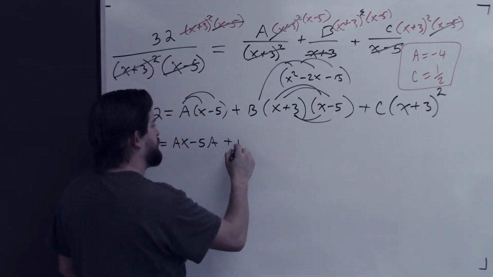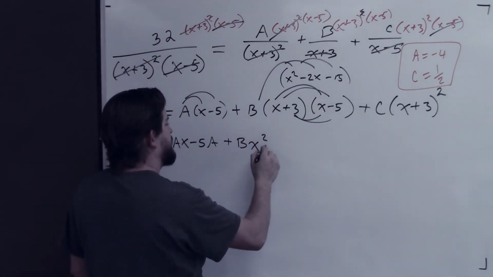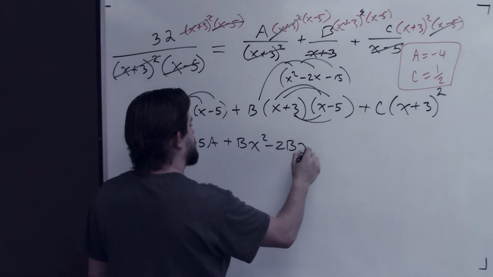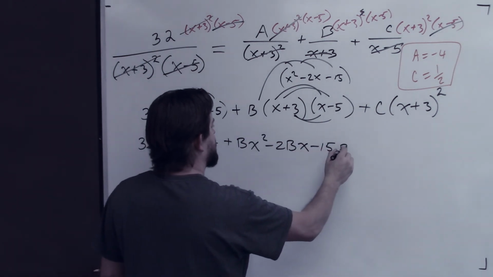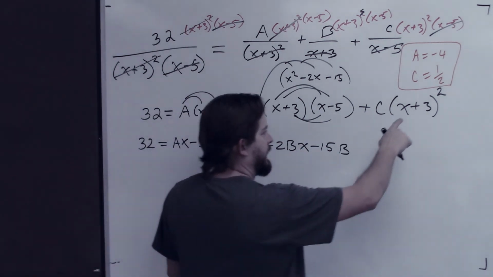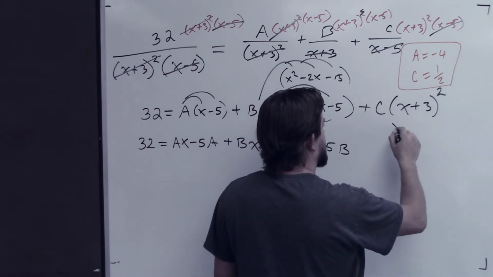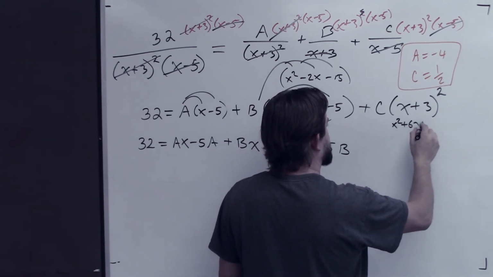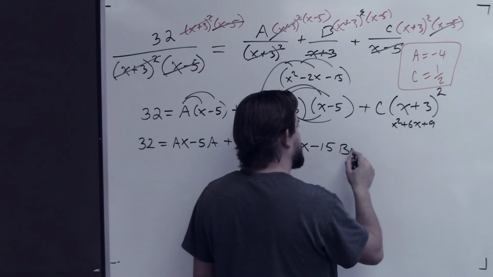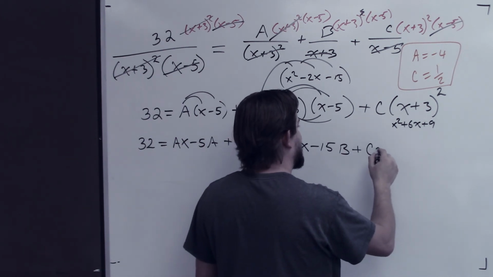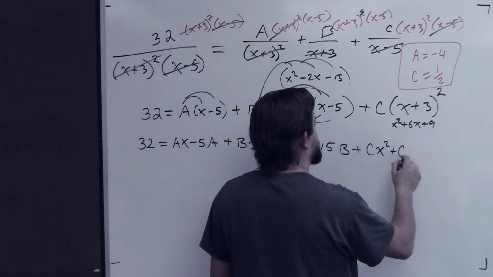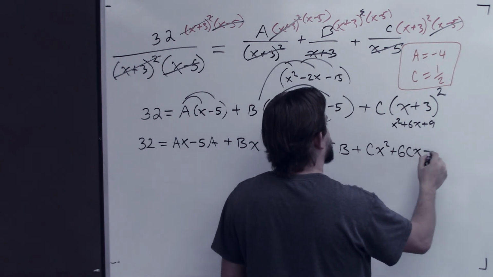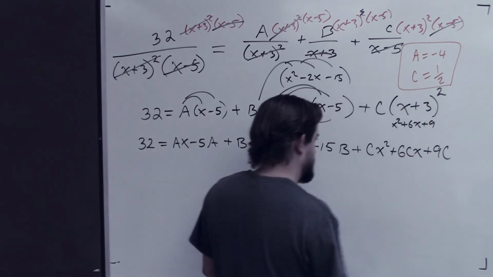So I get plus bx squared minus 2bx minus 15b. x plus 3 squared is x squared plus 6x plus 9. And distributing the c through there gives me cx squared plus 6cx plus 9c.